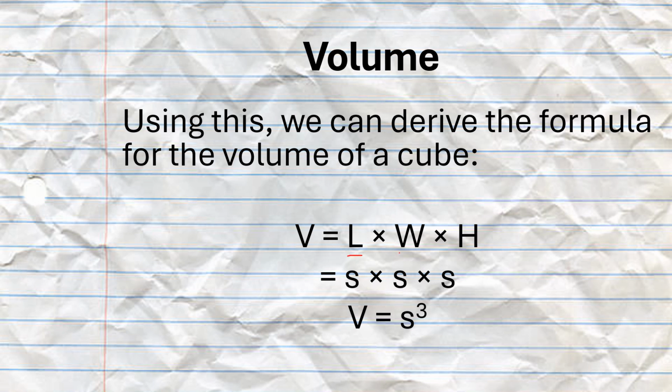So the length, the width, and the height can also be written as length as side, width as side, and height as side. Therefore, the formula in finding the volume of a cube is V, or volume, equals S cubed, or it can also be written as volume equals side times side times side, as you can see here in our previous text.